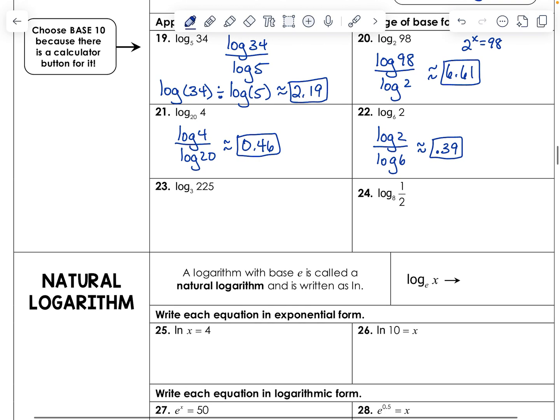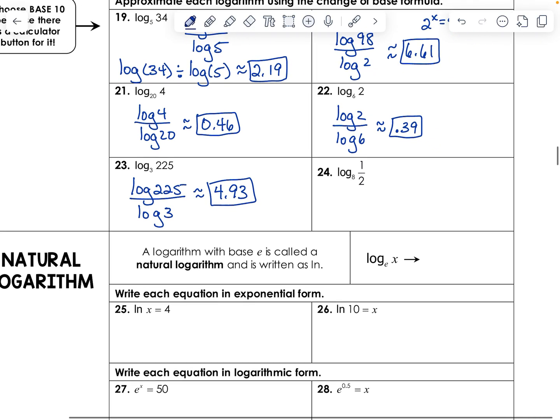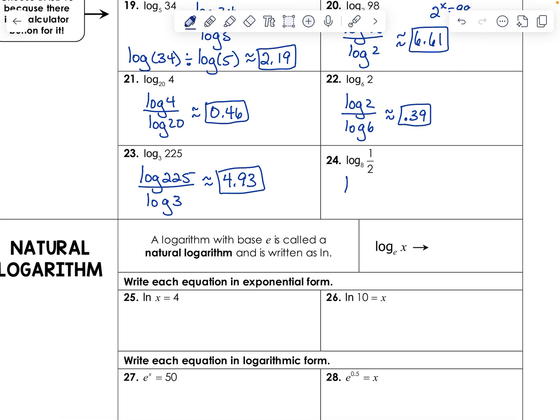And then log of 225 divided by log 3. That's approximately equal to 4.93. And then log of 1/2 divided by log 8 is approximately equal to -1/3.